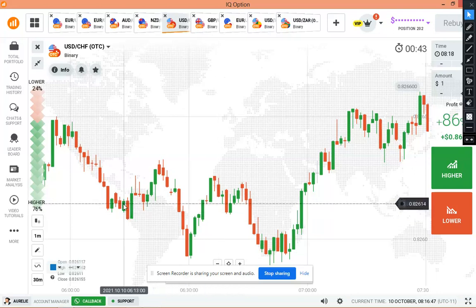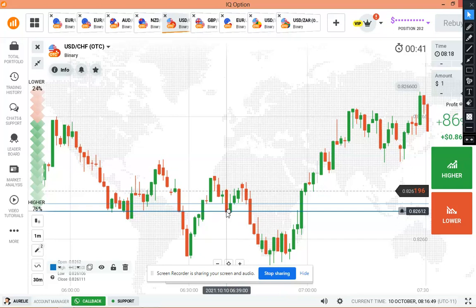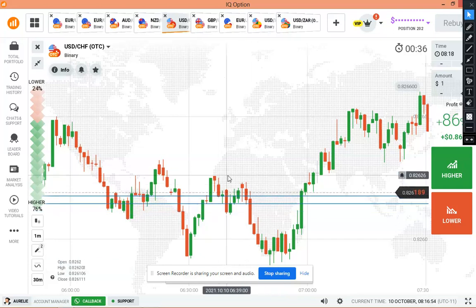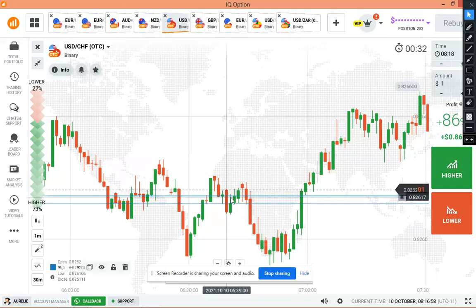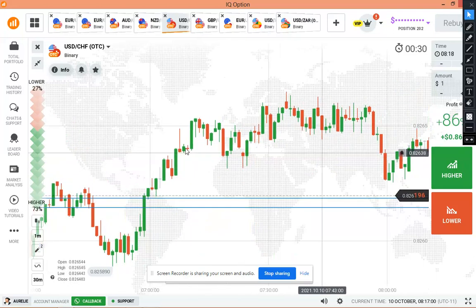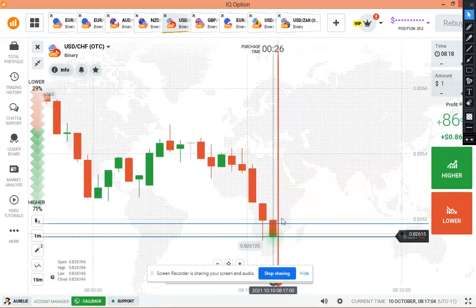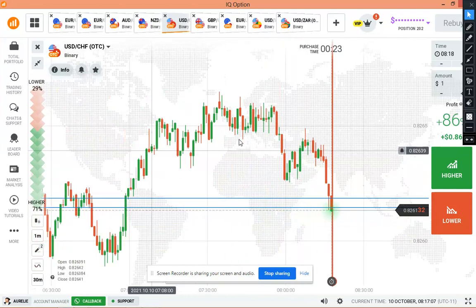Okay, so here and here. Okay, so this way. Once the price closes inside the zone, we can go with buyers for 1 minute.